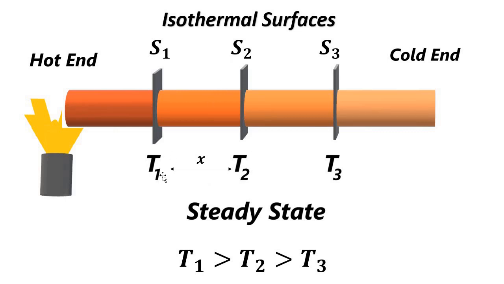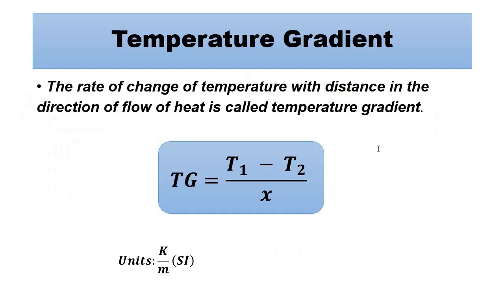They are separated, let's say, by a distance x. So temperature gradient is simply the ratio of the temperature difference between any two cross sections, in this case S1 and S2, that is T1 minus T2, and the separation distance between them, that is x. T1 minus T2 by x.